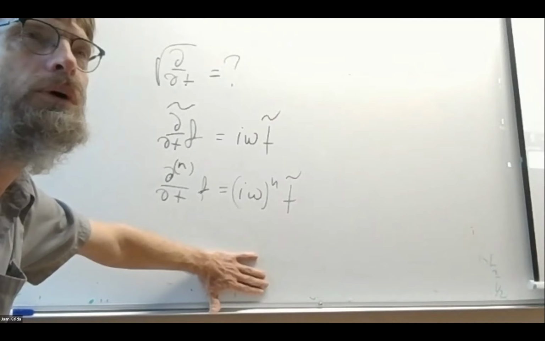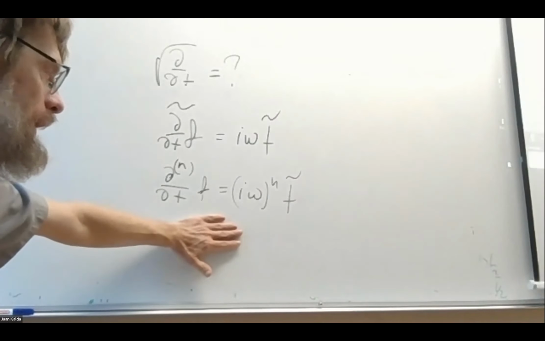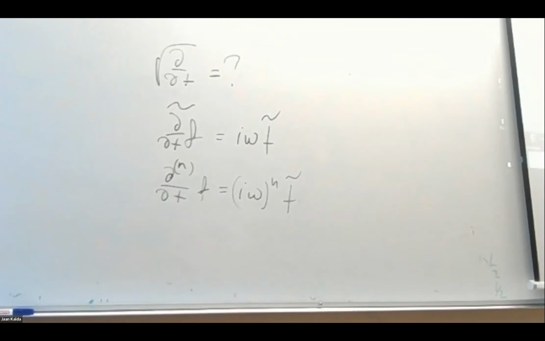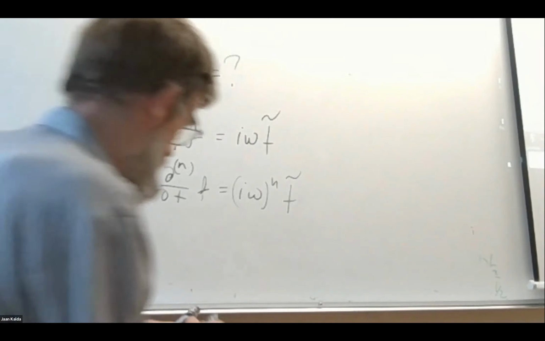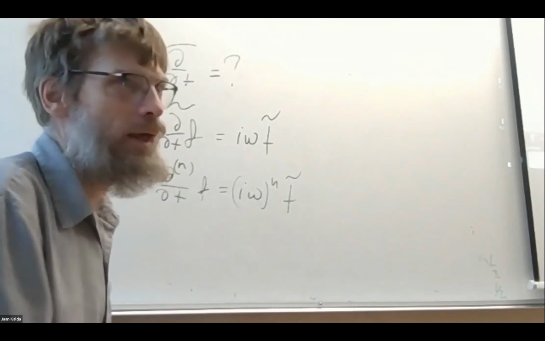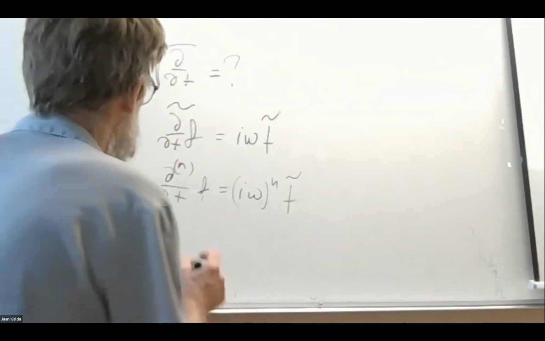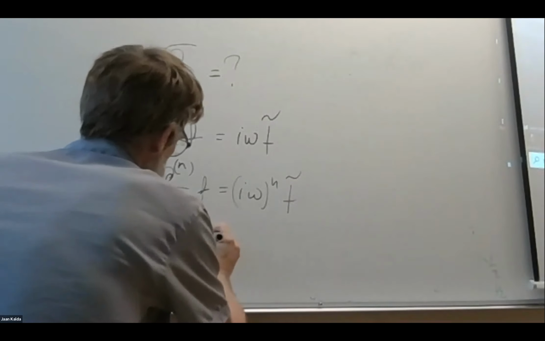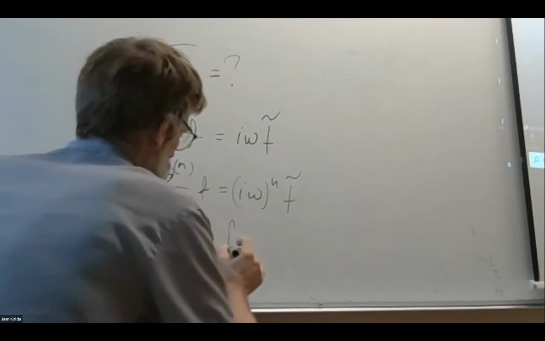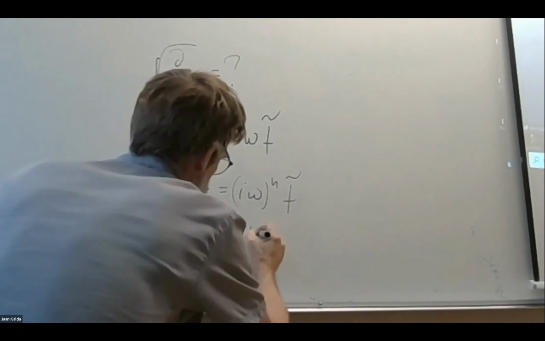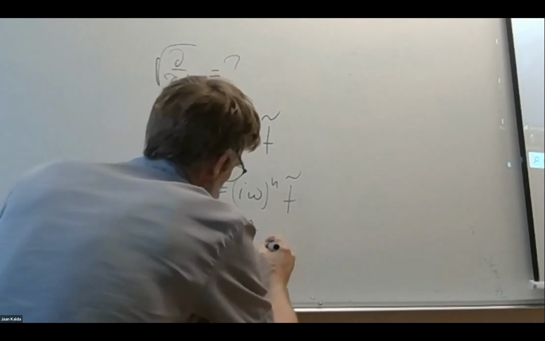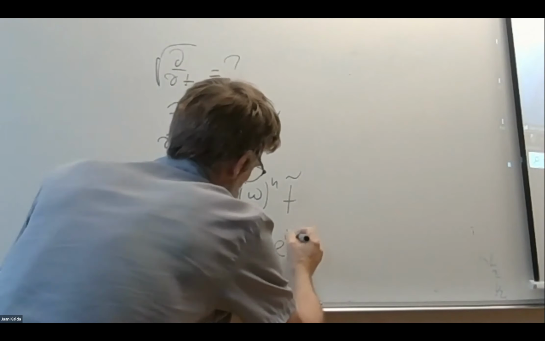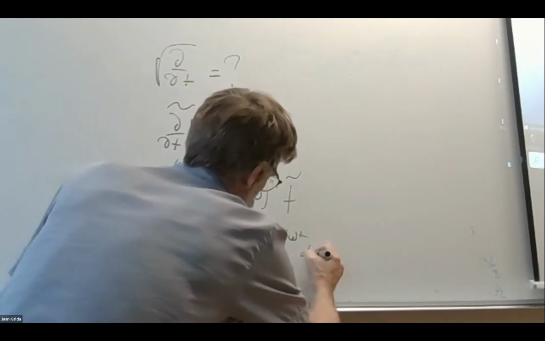Now how do you know that this is the case? Very easy. If you take f of t, f of t is the integral of f tilde of omega times e to the i omega t d omega, right?